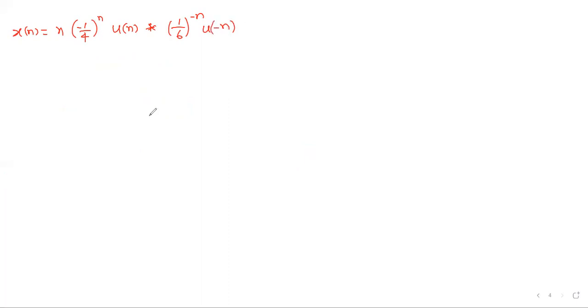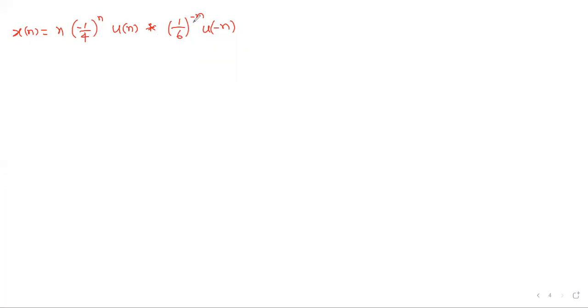Now, after seeing this question, one thing we need to understand: u of n is there, so there is a standard form, a power n u of n z transform. Here minus n is there. It is given very simply, that is minus n, here also minus n given. So no need to change anything over there.